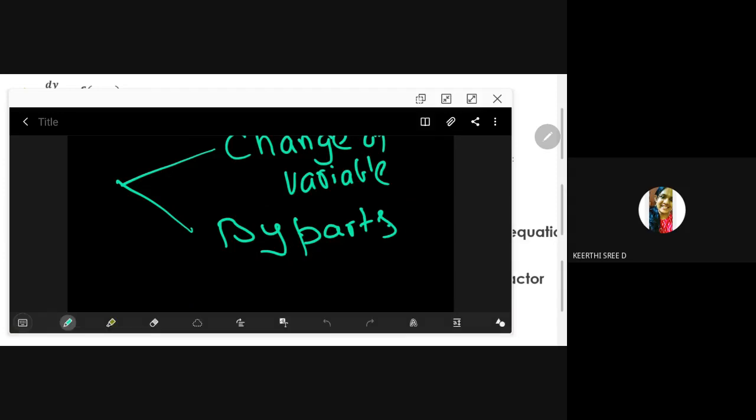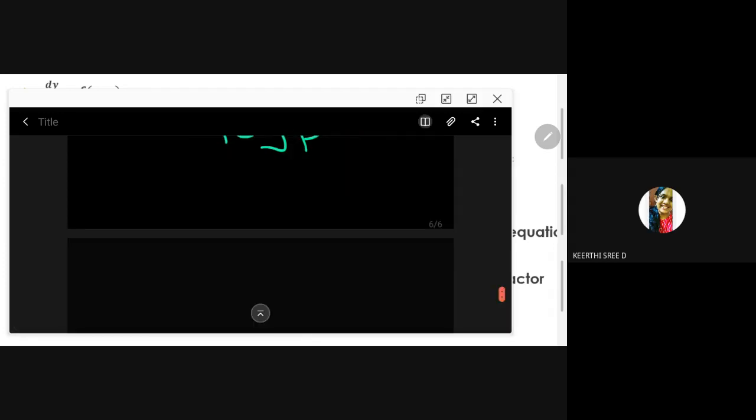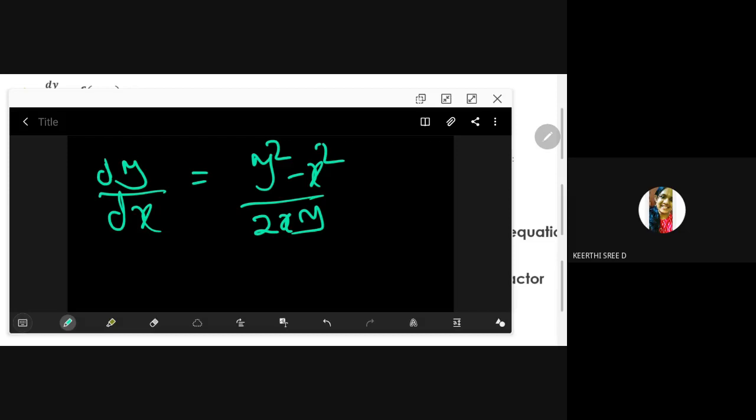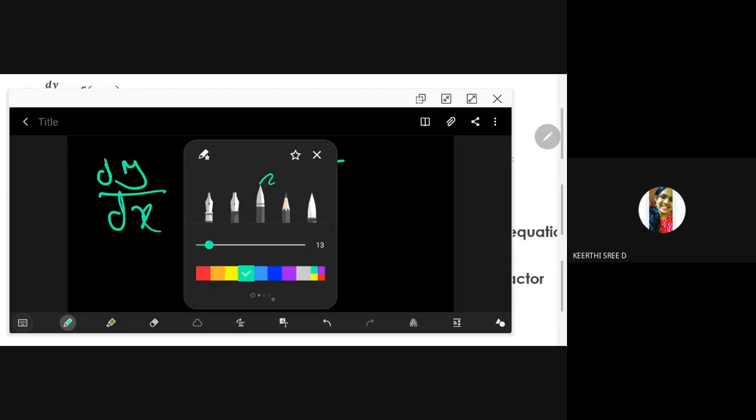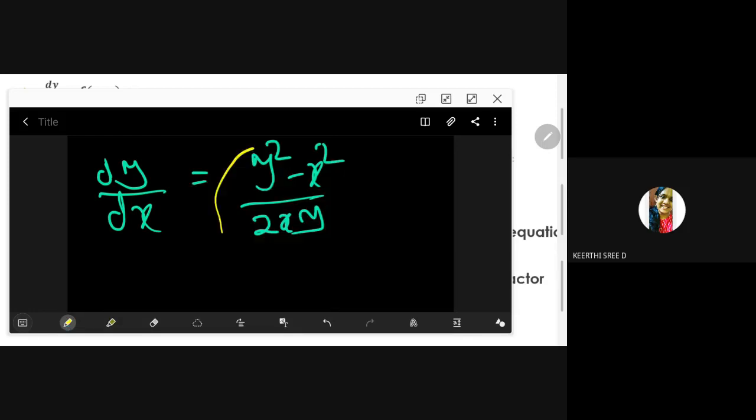So here, what is the equation we are talking about? We are talking about y dash, I mean dy by dx, is equal to y square minus x square by 2xy. So this is actually what I call f of x,y.